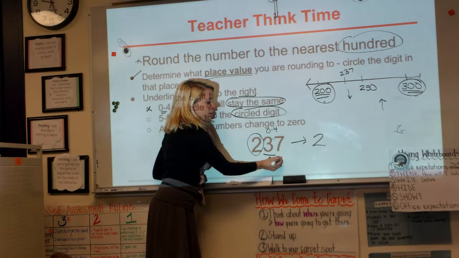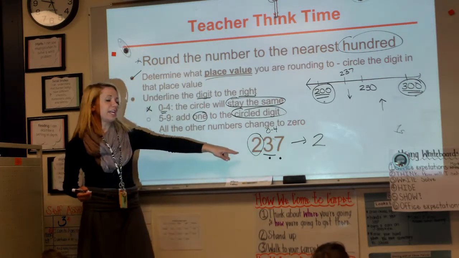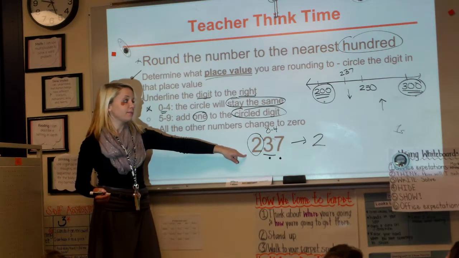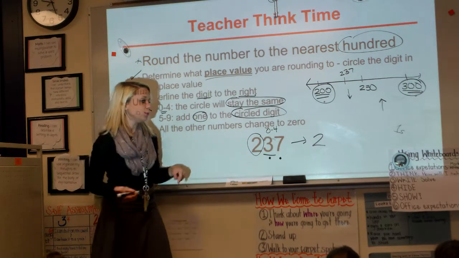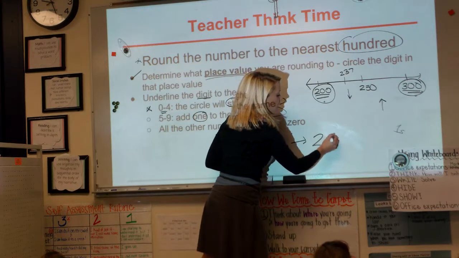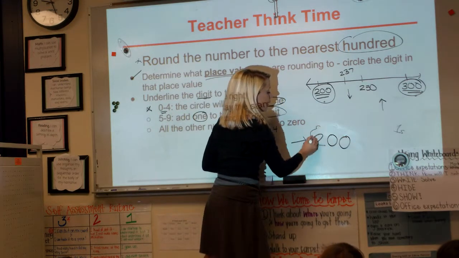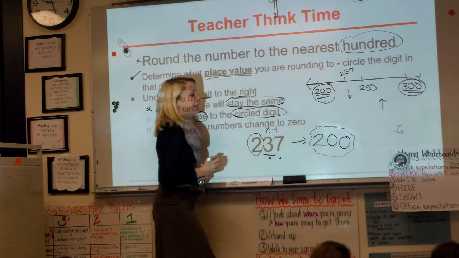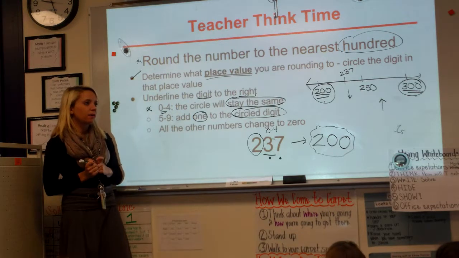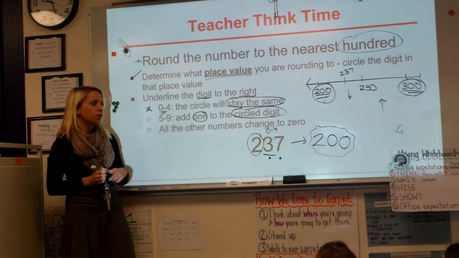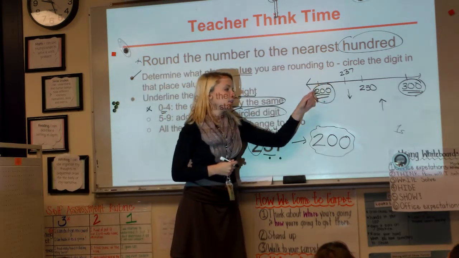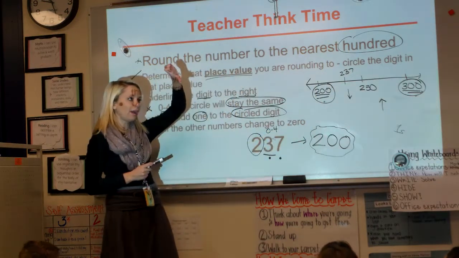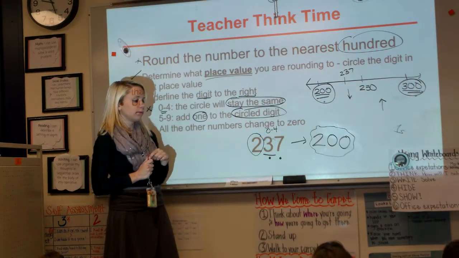I have 2 digits that follow my place value in the hundreds, so I'm going to change those digits to 0, showing that my answer would be 200. 237 is closer to 200, so I rounded down.